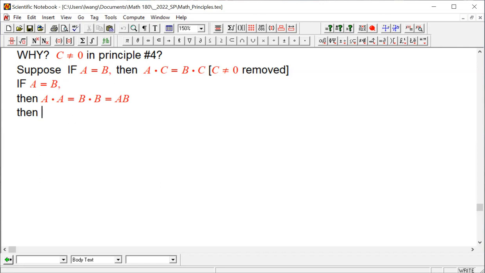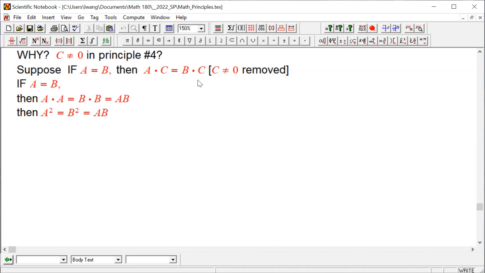Then we will have A squared equals B squared, and we have A squared that will also equal A times B. So if A is the same as B, then this will be true, then this will be true.